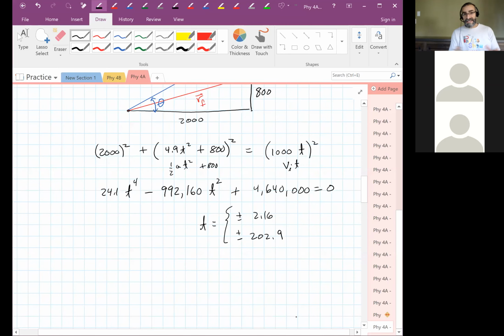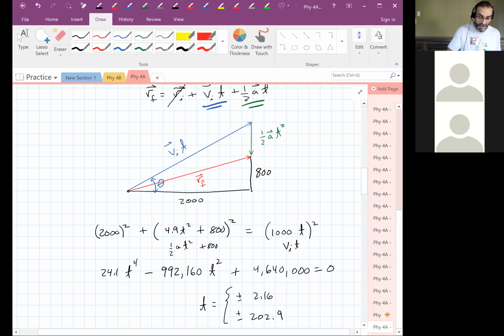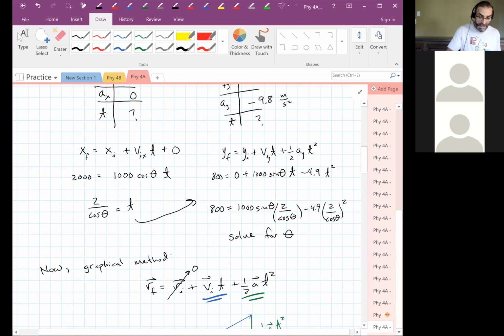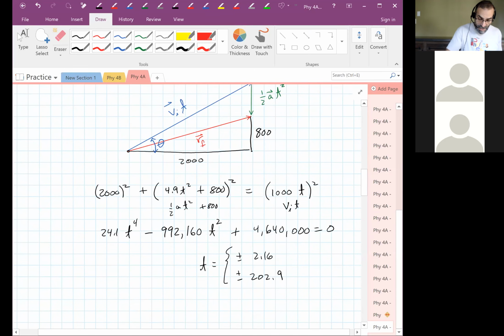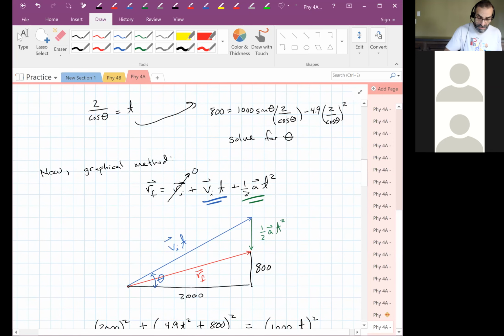I can throw away the negatives, right? Negatives don't mean anything. Why do I get 2 times? Because, where's my picture? It's 2 seconds and 202 seconds.